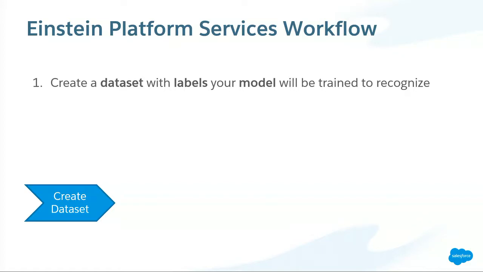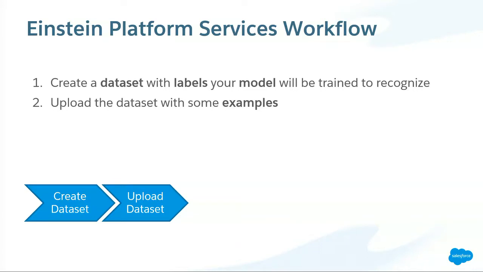Outputs are the labels. We categorize these examples into groups with labels. Labels would be the outputs that the model would be using to give us the prediction. The second step is to upload the dataset. Once you've gathered the images that you want to use as your training data, we need to upload the dataset with some examples.